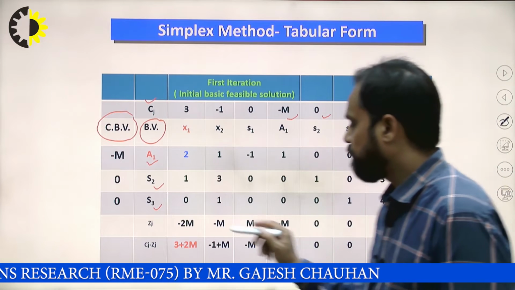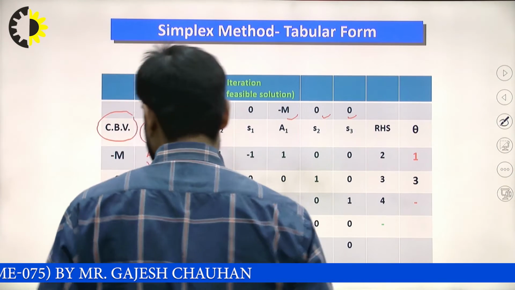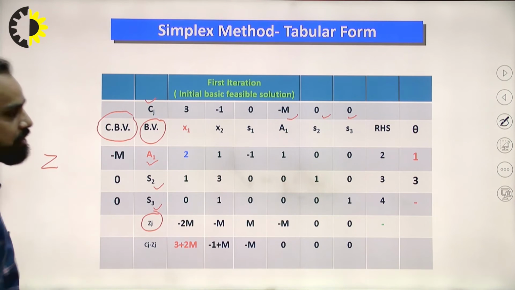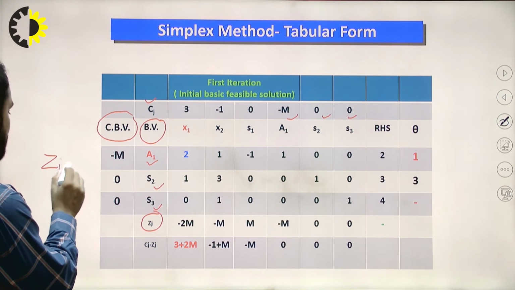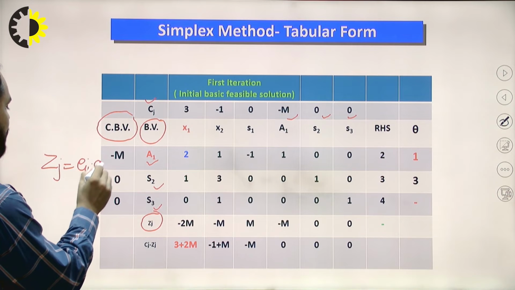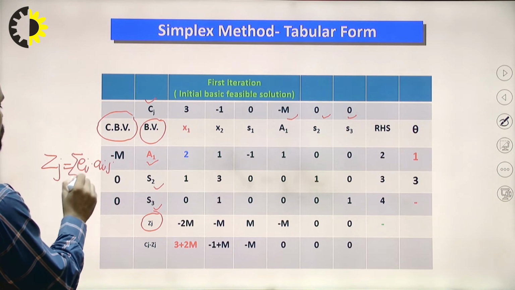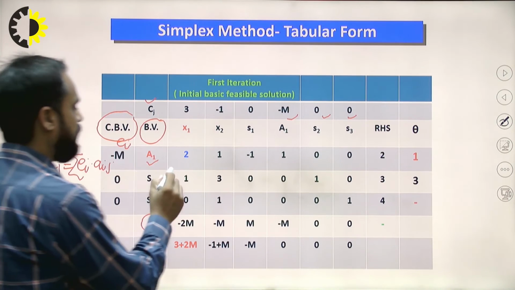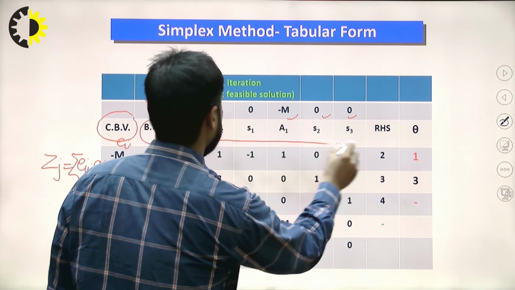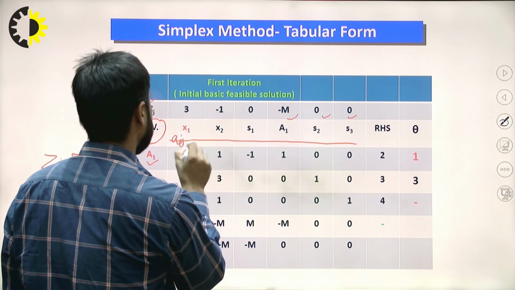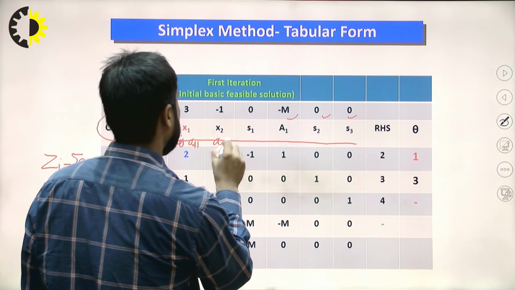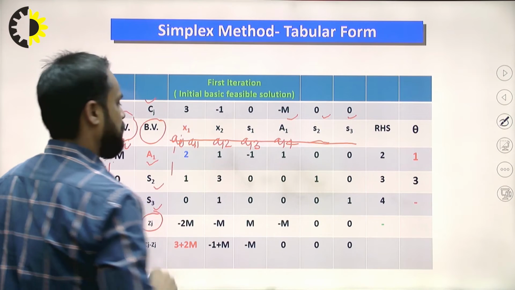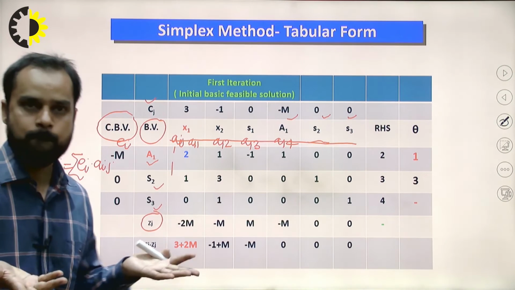After that, we write the value of Zj. How can we write Zj? I have already mentioned how we can solve this tabular form. Zj is the algebraic sum of Ei into aij. This value is representing Ei, and these values are aij, meaning this value is a11, this is a12, this is a13, this is a14, and so on.